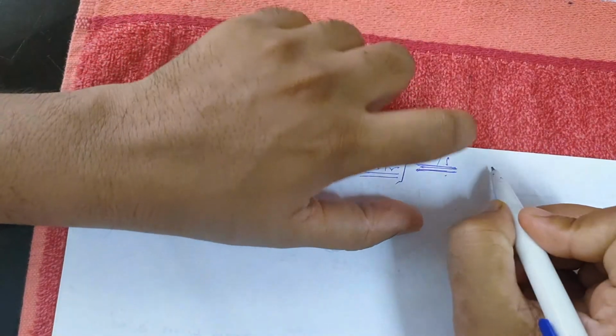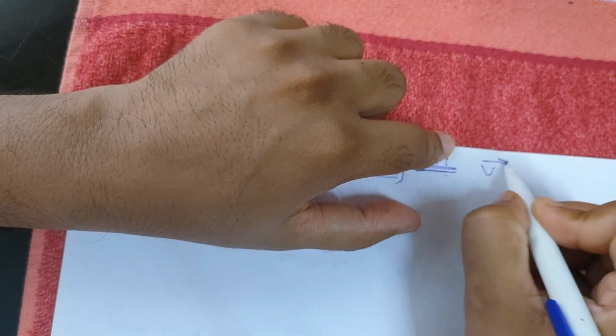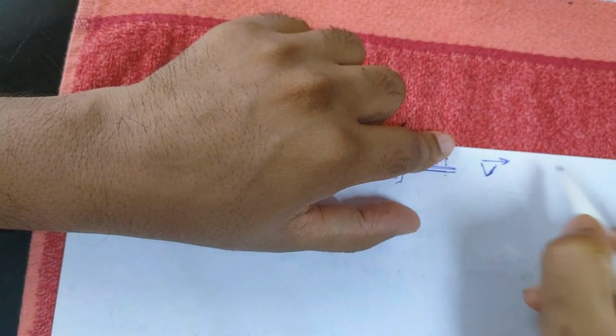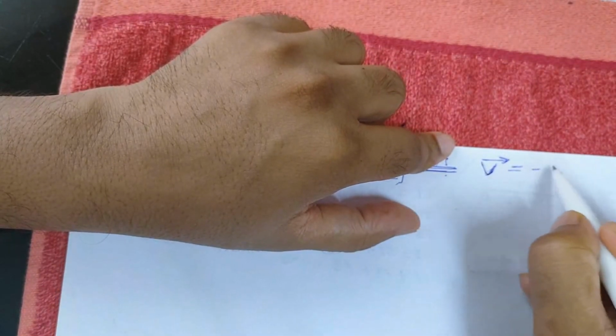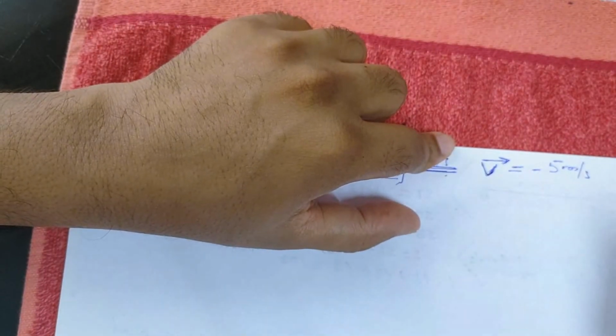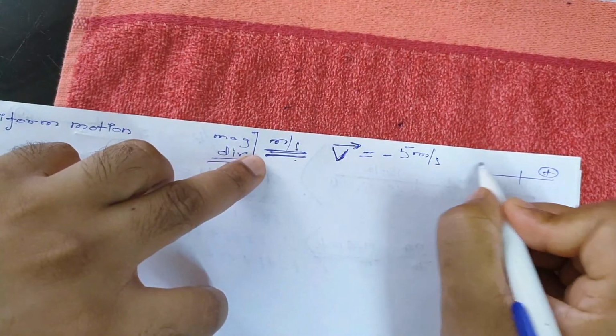So how do we denote velocity? Velocity with a vector mark, this arrowhead. This is velocity. Suppose the velocity is, say, minus 5 meter per second, and I am considering the same sign convention, plus and minus.